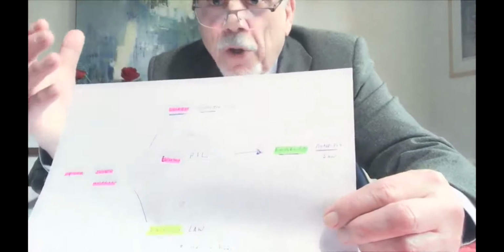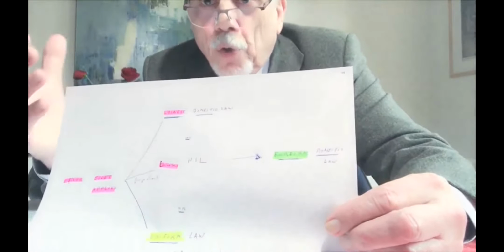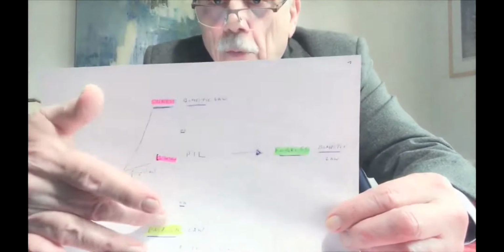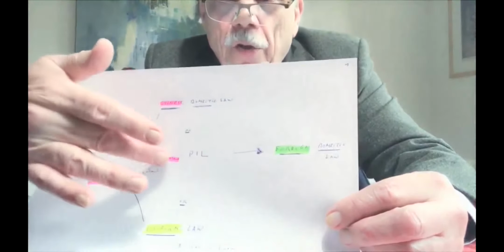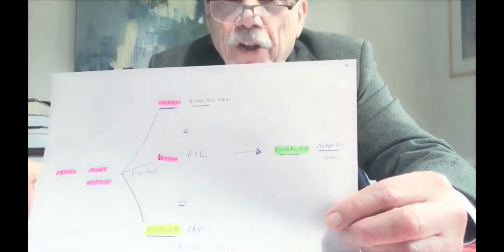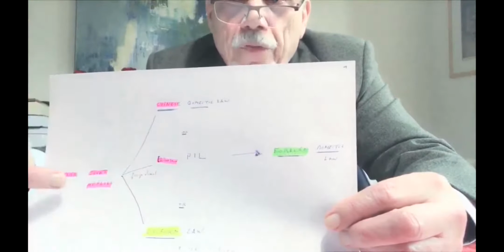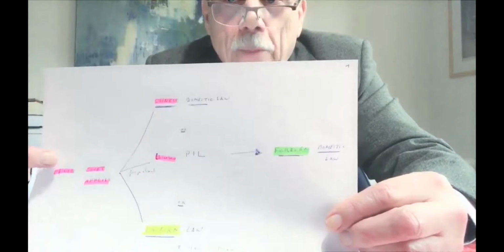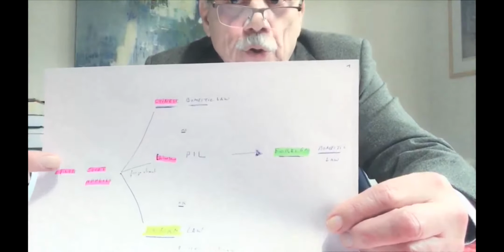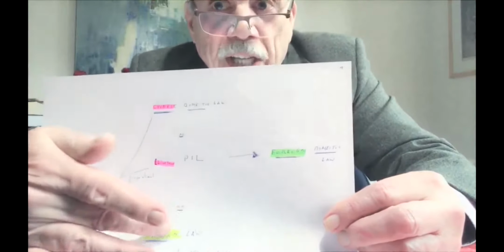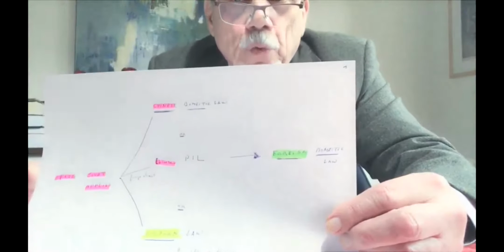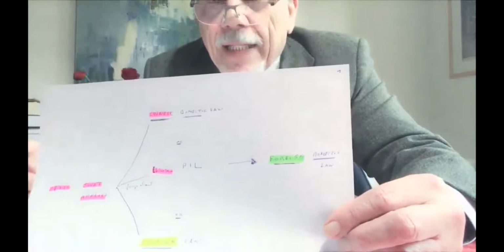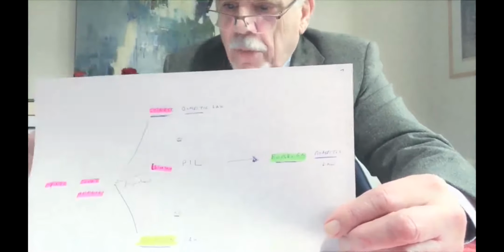It means, when are you obliged to apply uniform law and not your private international law leading to a foreign law system, so that you apply the foreign law system? When don't you do that, but instead you have to apply the uniform law?